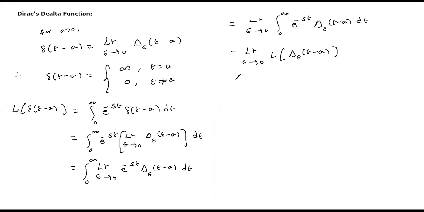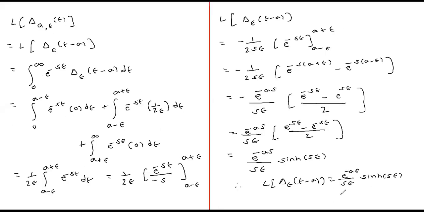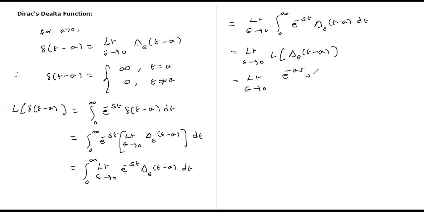Is that okay? Previously we have seen it is e power minus as by s epsilon sin h of s epsilon. Whichever is independent of epsilon, bring that outside. e power minus as by s is not containing any epsilon. So e power minus as by s, limit epsilon tending to 0, sin h s epsilon by epsilon.